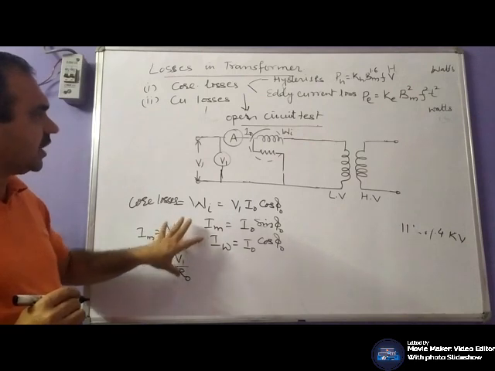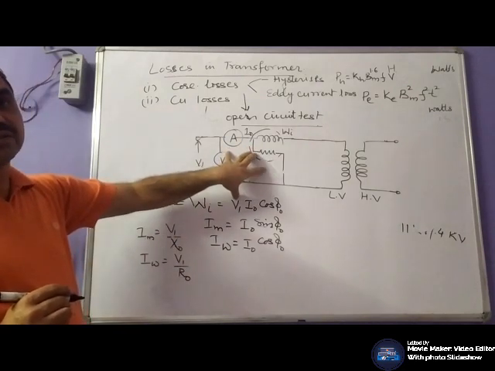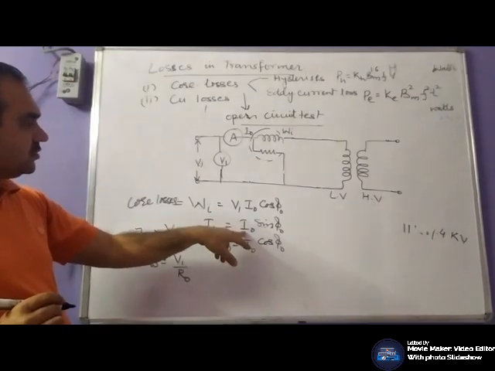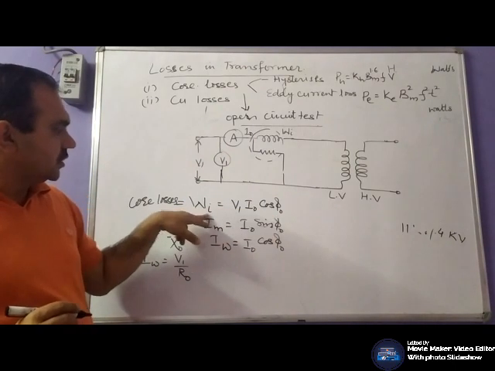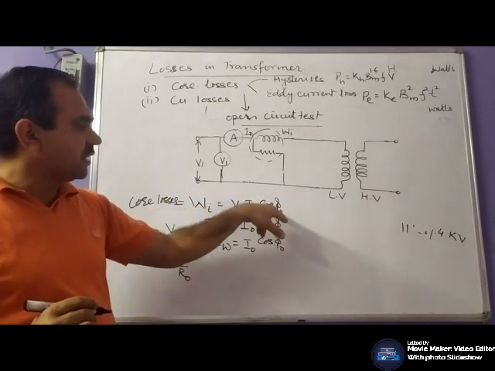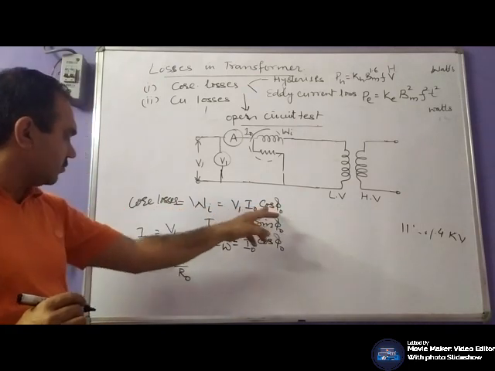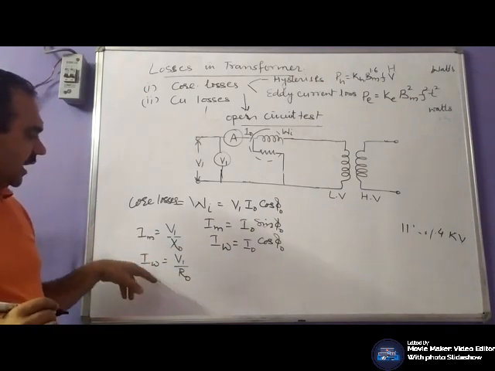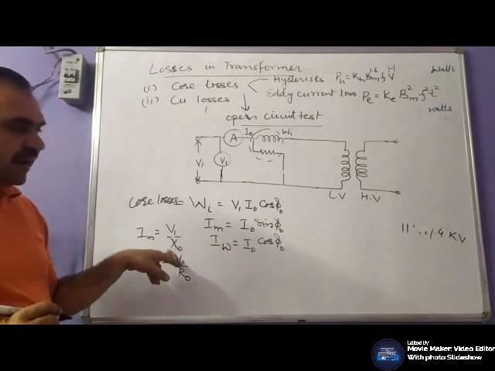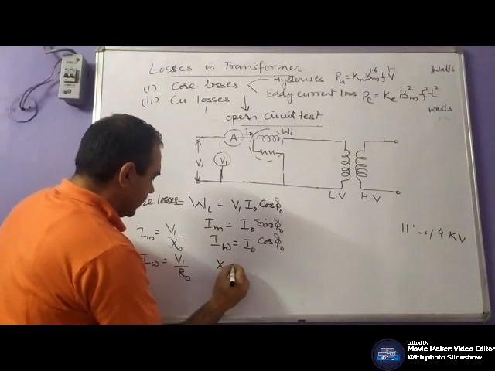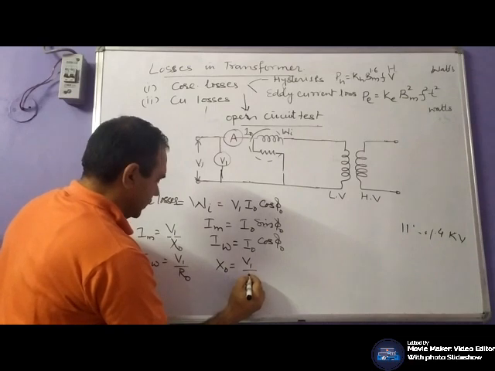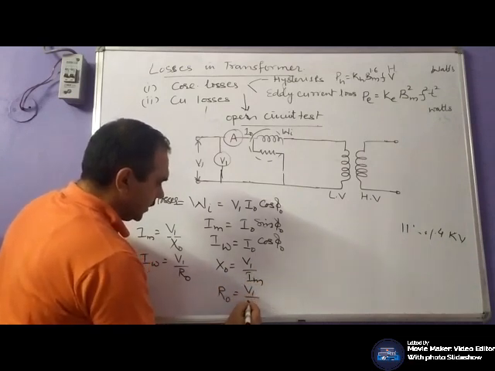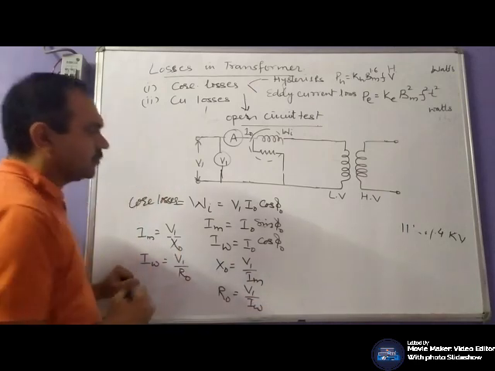We can find out the no load parameters of the transformer, because V1 is known and I naught is known. From the wattmeter reading, you can find out cos phi naught. When cos phi naught is known, you can find out Im and Iw. When Im and Iw are known, X naught will be V1 by Im and R naught will be V1 by Iw.